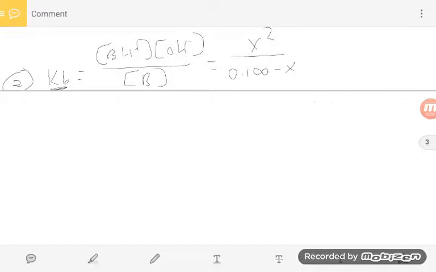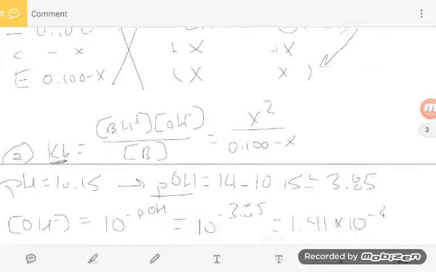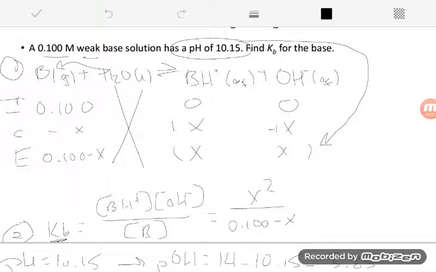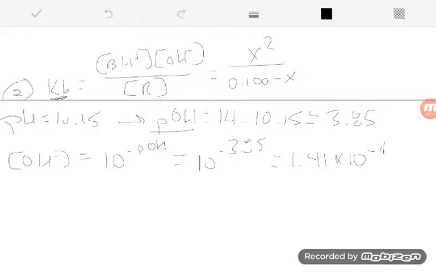So now I have my OH minus concentration, which is 1.41 times 10 to the negative 4. And now I can see that that's really giving me X, because my OH minus concentration at equilibrium is equal to X. So what I can do is go back to this expression and say, okay, if this is equal to X, now I can solve for Kb.